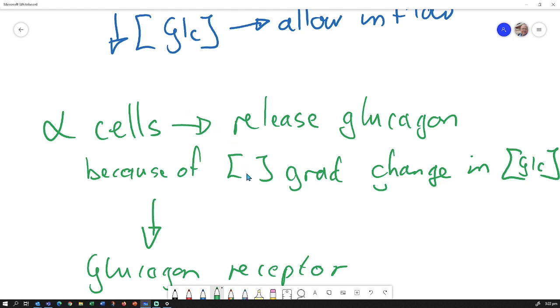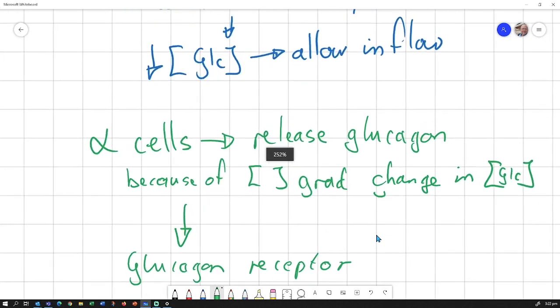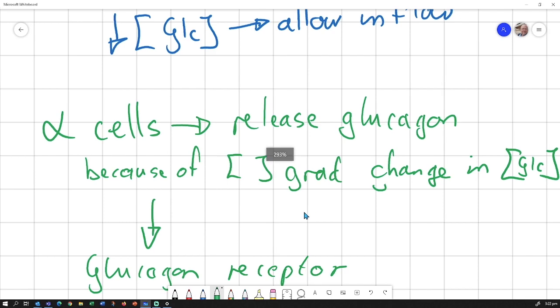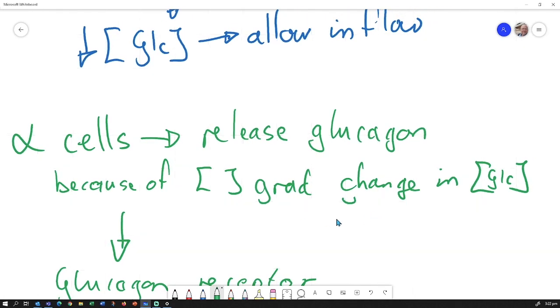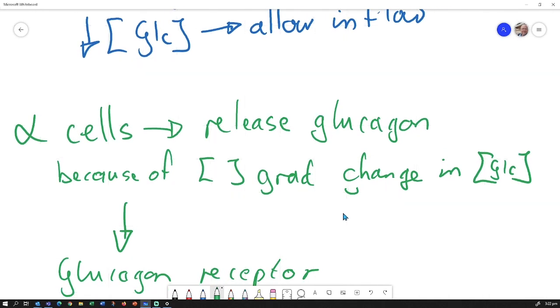And the glucose wants to flow out through the GLUT2 channel protein. Consequently, again, there's a concentration gradient difference and the glucose flows out. What happens then is the alpha cell says, oh my goodness, release the glucagon, because we need to slowly lift, or just tiny adjustments, lifting the glucose so that everything can still keep on running.